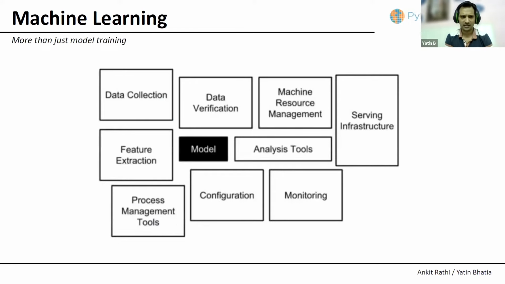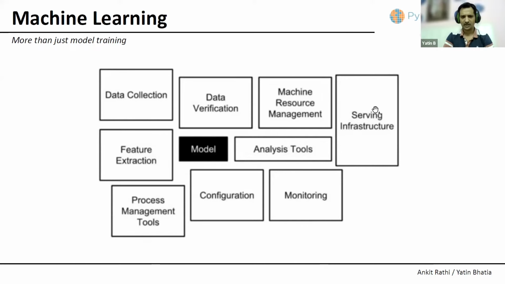Machine learning is more than just model training, as I have written in this slide. What I want to illustrate is this black box, the rectangular box, which is very small in size. This is effectively the model training part, the core of machine learning. But if you see, there are a lot of big rectangles on the left side, above, below, and right side.